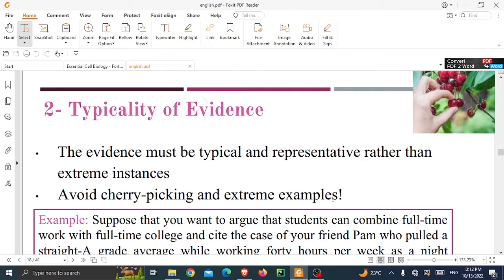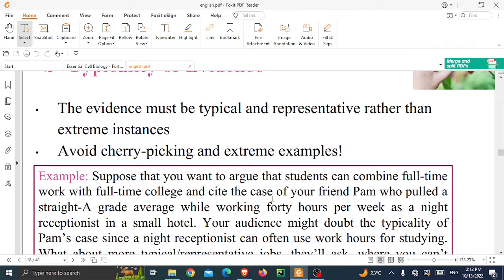That is not a good type of evidence at all, because extreme examples are not generalized to everyone. You need to use correct examples that happen to many people, or that many people have experienced before. You can't cherry pick, because that is a wrong use of evidence.